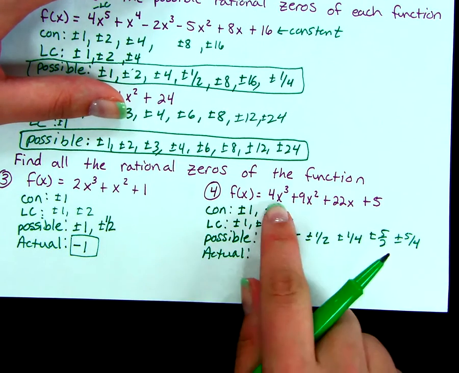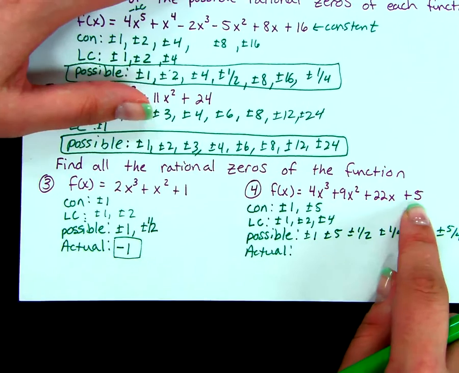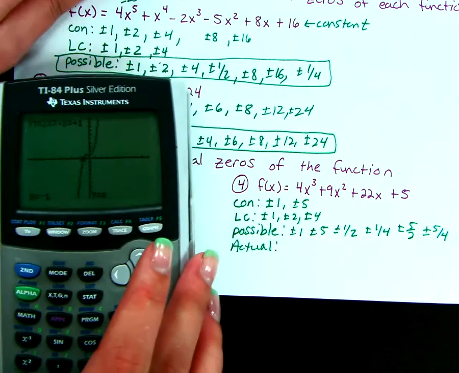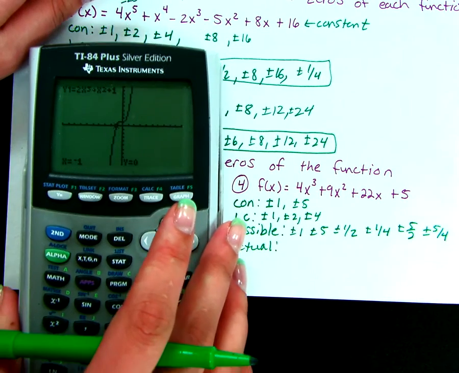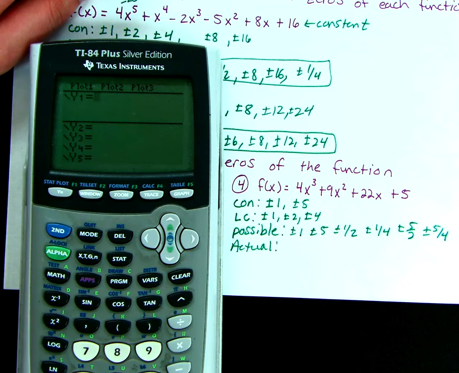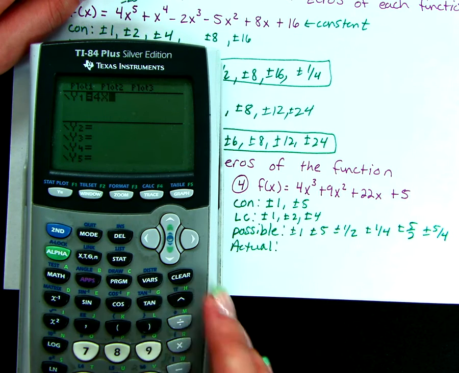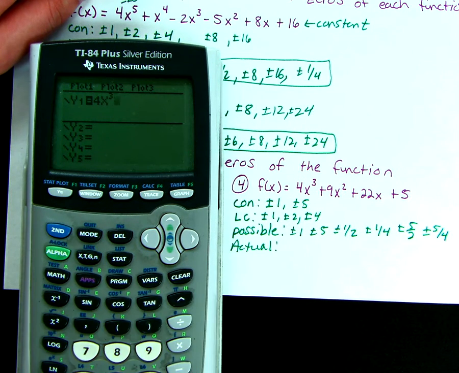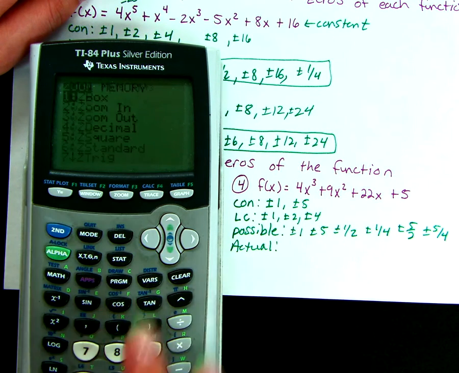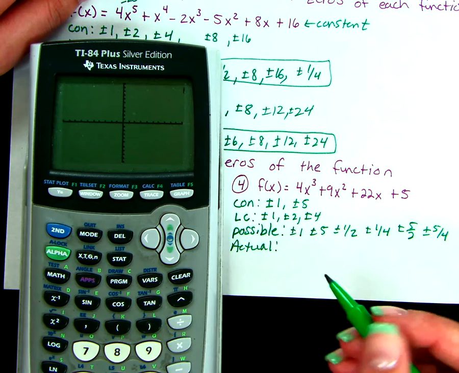Okay, so now we're typing this equation into the y equals spot. Okay, so y equals, clear what's there, 4x cubed plus 9x squared plus 22x plus 5. And then zoom 6 to graph it in a standard window.